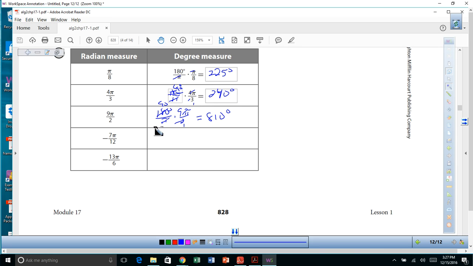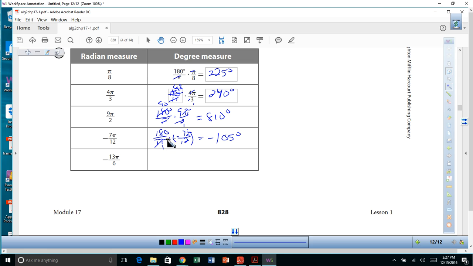So let's try 180 over pi times negative 7 pi over 12. So the pi's cancel out. All right. And then 12 into 180, I'm getting negative 105 degrees.